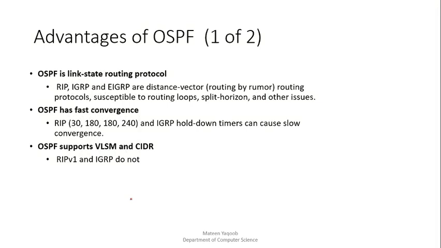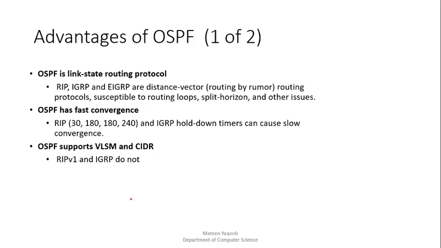And the advantages of OSPF are that it is a link state routing protocol. The other routing protocols we have discussed are distance vector routing protocols, which are susceptible to routing loops, split horizon, and there are various other issues as well. RIP has a very slow convergence, whereas OSPF has a faster convergence, because RIP has timers of 30 seconds, 180 seconds, and then 240 seconds as well.